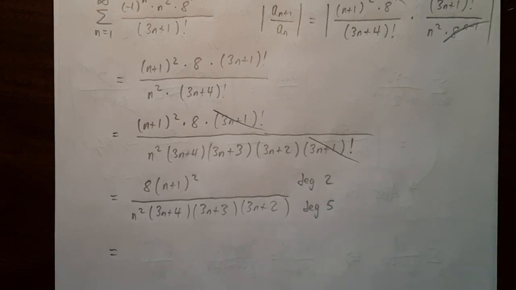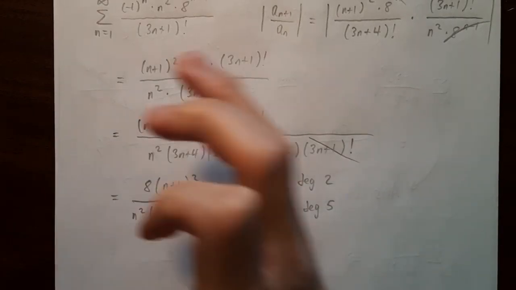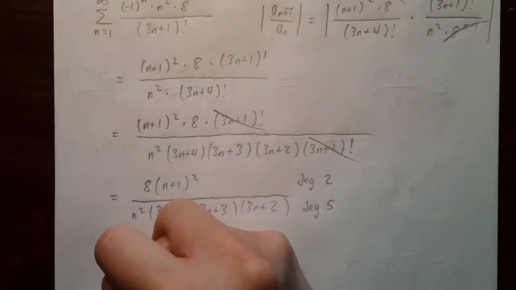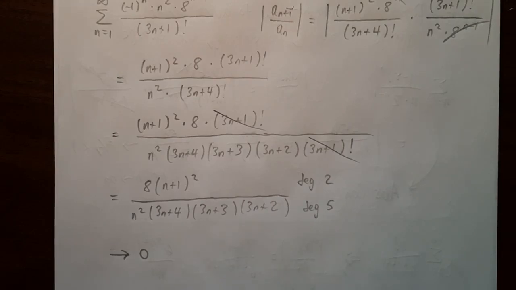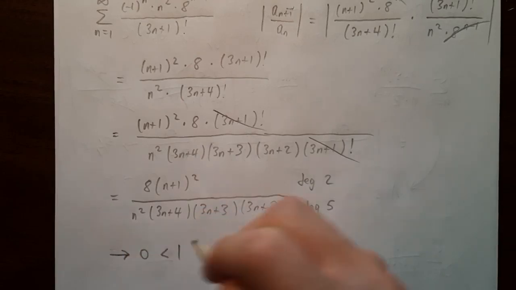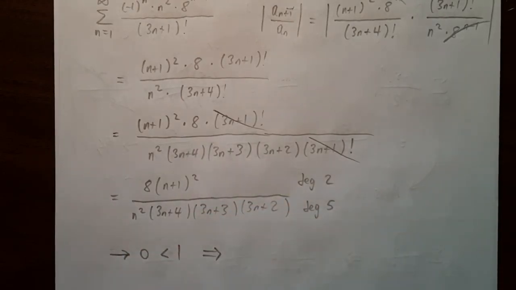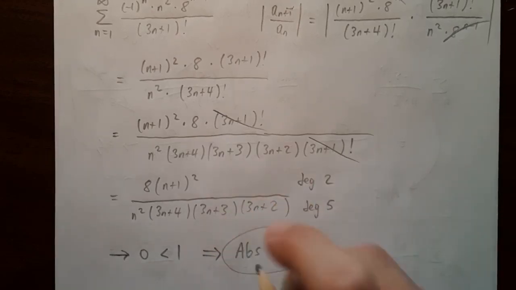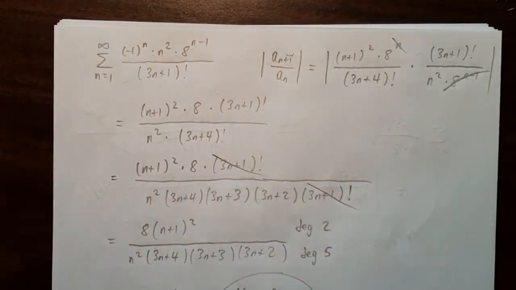So this is going to be a bottom-heavy rational function. And if I take the limit as n goes to infinity, it doesn't even matter what the terms are. This thing has got to go to 0. And, of course, 0 is less than 1. So the ratio test then guarantees that we have absolute convergence of the original series.